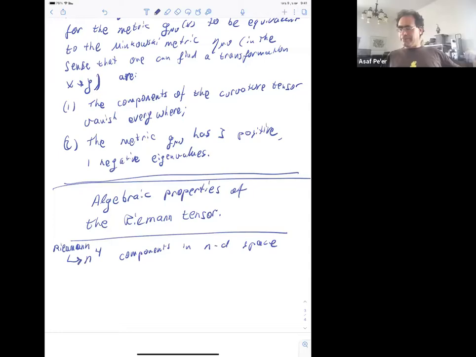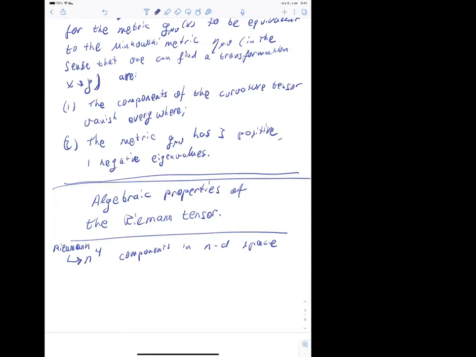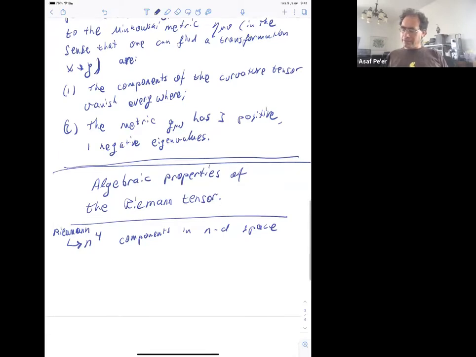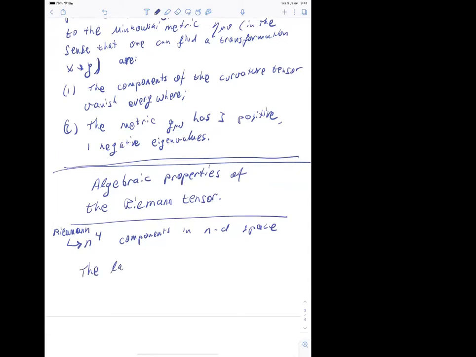Okay, but that does not mean that they are all independent. In fact, we already saw that it is not all independent, because it is anti-symmetric in the last 2 indices. Right? So that means that as far as the last two indices, they're only anti-symmetric.